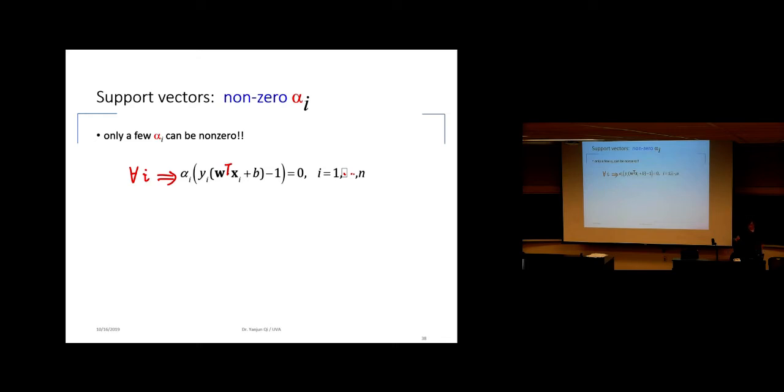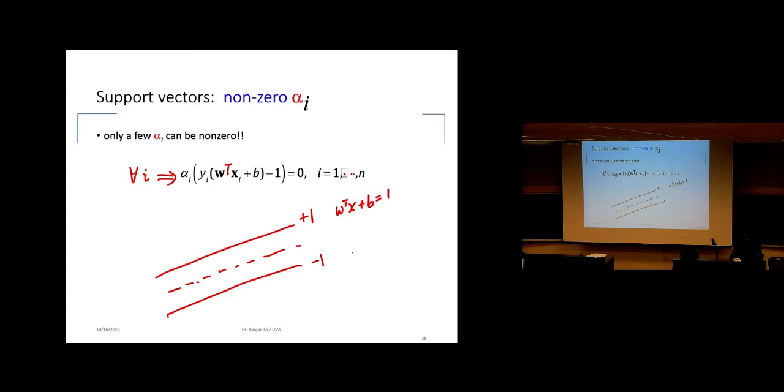So again, let's reconsider our margin view. This is the +1 boundary. This is the decision boundary. And this is the -1 boundary. Here, W transpose x plus b equals 1, right? Here, W transpose x plus b equals -1.